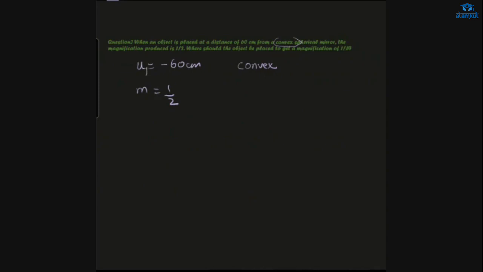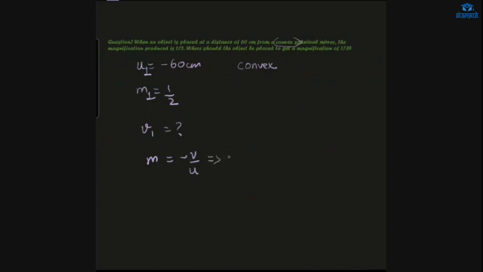Let us take it as u1 and m1, because another magnification is also there. So we'll first find v1. As we know from the formula of magnification of a mirror, m is equal to minus v by u.